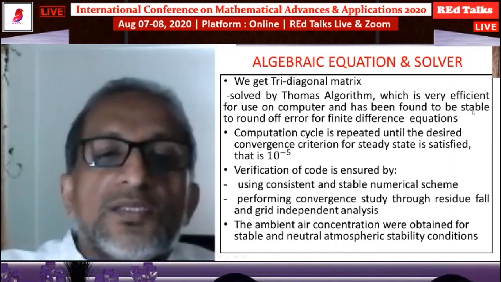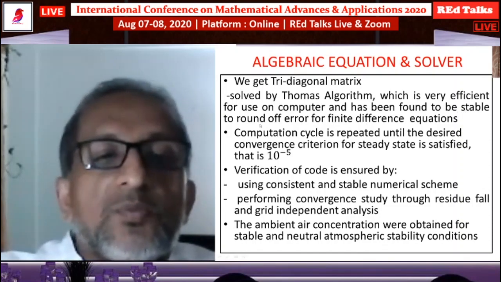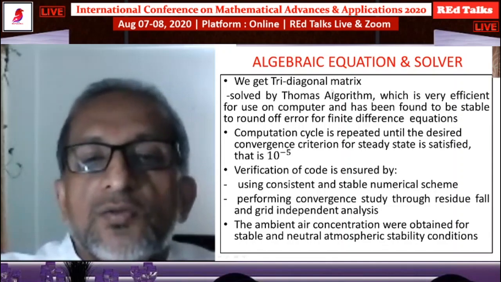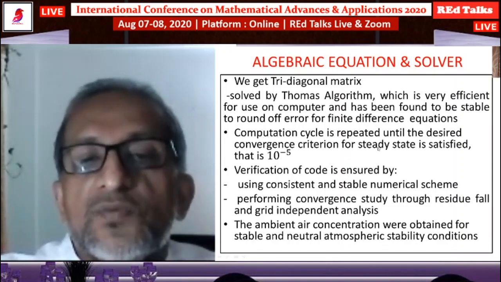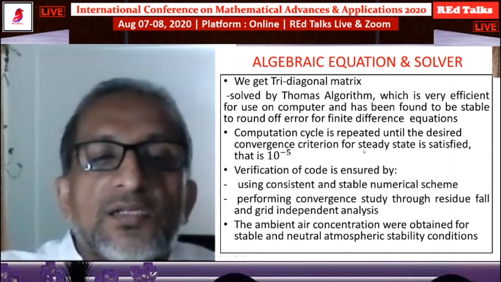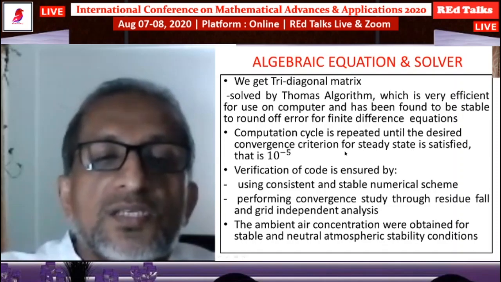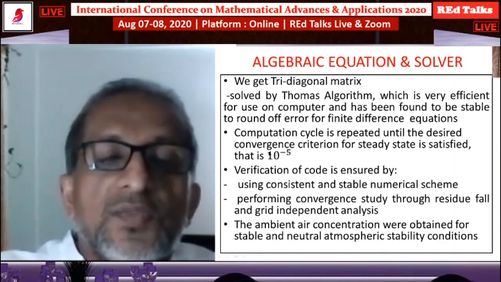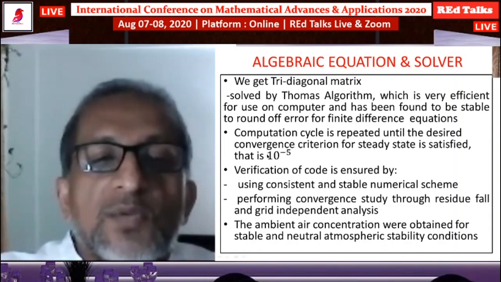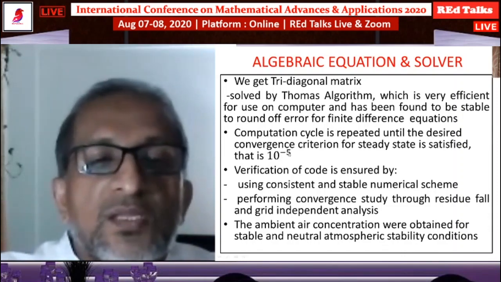And since it is a time-dependent model, we need to specify the condition for steady state. The steady state is reached when the difference between the concentration at one time level and the next time level is 10⁻⁵.